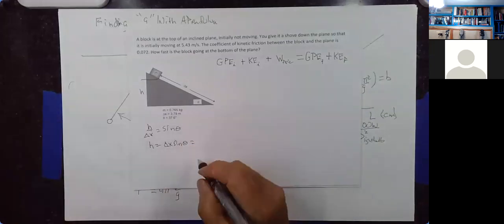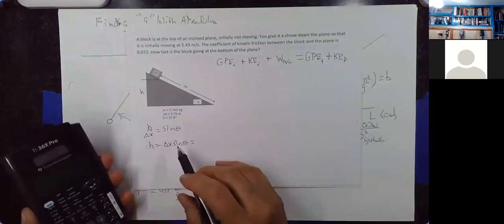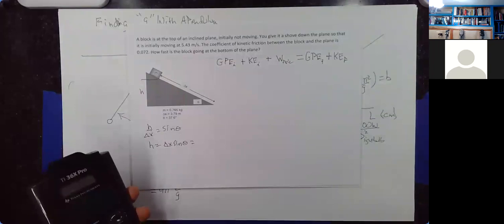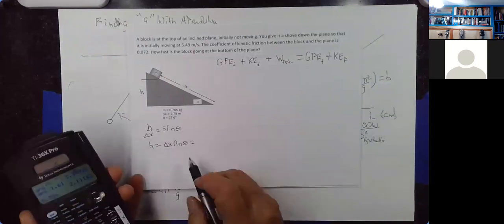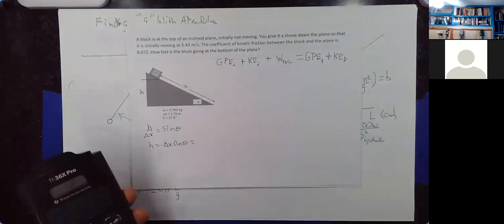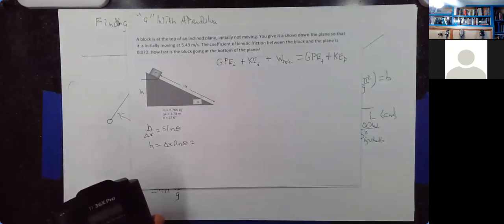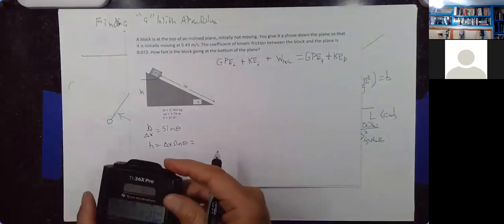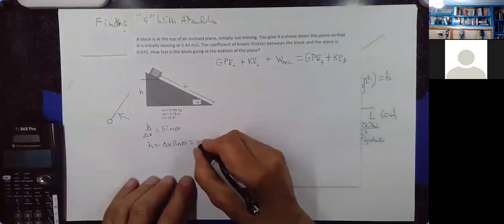And I'm just going to plug in the numbers and calculate it out here. It's 3.79 meters times the sine of 37.6 degrees. And I get 2.31 meters.